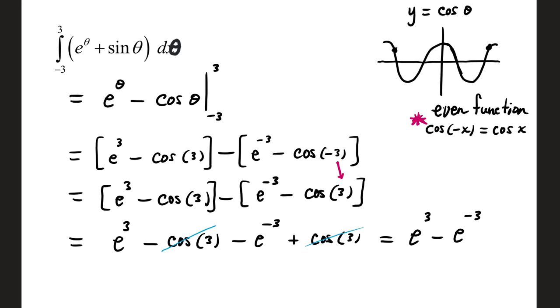It is totally appropriate if you want to write this as e cubed minus 1 over e cubed. That is up to you. So you can either leave it in the original format with the powers of -3, or you can transfer it to the bottom of the fraction and the 3 becomes positive.